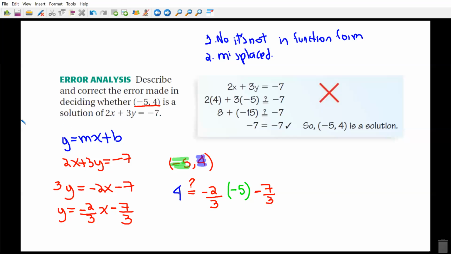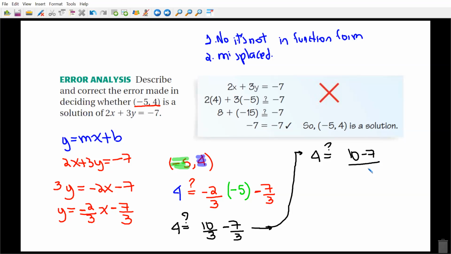So, again, is 4 equal to 10/3 minus 7/3? Well, and let me make this line a little bit longer. Is 4 equal to 3/3? Because you have the same denominator, but I want to make it step by step. 10 minus 7 divided by 3, because you have the same denominators.